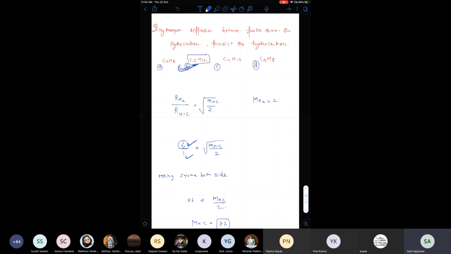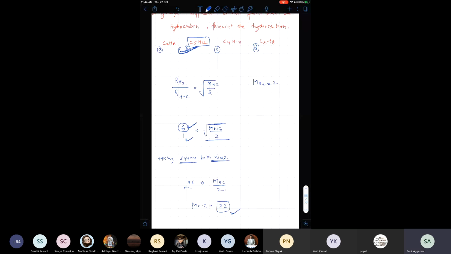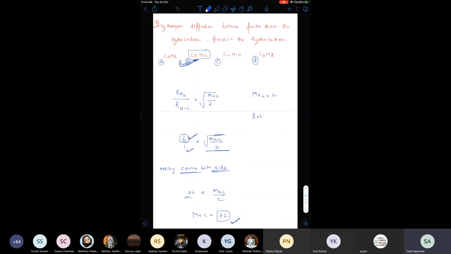Now we square both the sides. तो 6 का स्क्वायर 36 और स्क्वायर से ये स्क्वायर रूट हट जाएगा. So your mass will come out to be 72. Same formula. Rate is inversely proportional to mass. For numericals, I told you this formula only. This will become 72. Understood all of you?